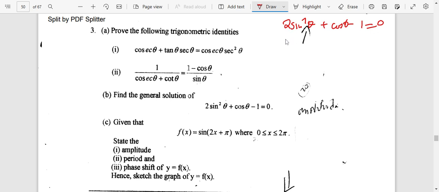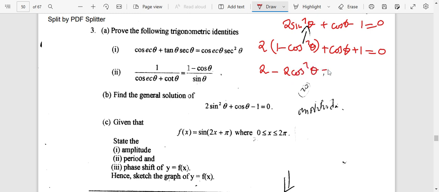So where there is sin squared theta, we are going to replace. So this is going to be 2, where there was sin squared, we're going to put 1 minus cos squared theta. And then we have got cos theta, and then plus a 1, and that will be equal to 0. So we'll now multiply 2 times 1, that is going to be 2. 2 times the cos squared, that is going to be negative 2 cos squared theta, and then plus cos theta plus 1.